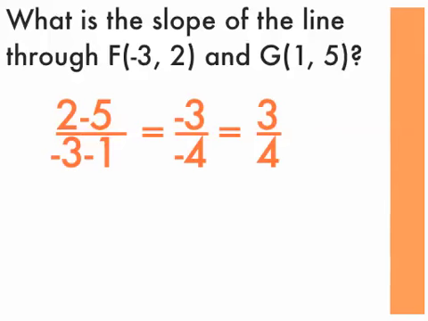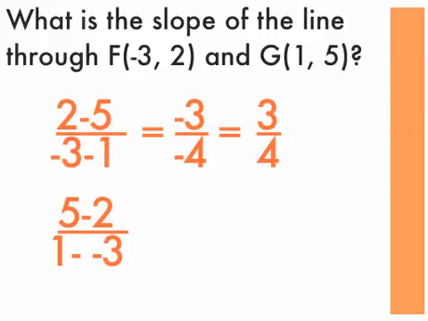Now I said there are two different ways that you could write this and use the equation correctly. The other way would be to have 5 minus 2, notice those are my two y values, over 1 minus negative 3, those are my two x values. In this case, I've taken point g and I've put its y and x first, and then I've subtracted my x and y from point f.